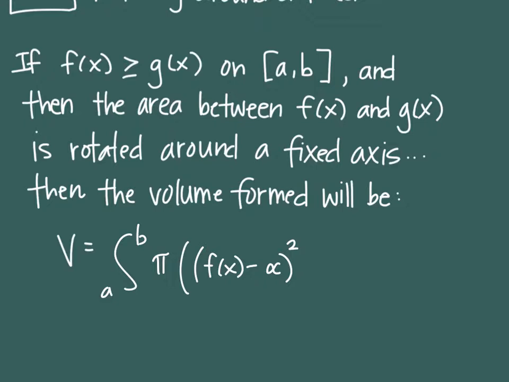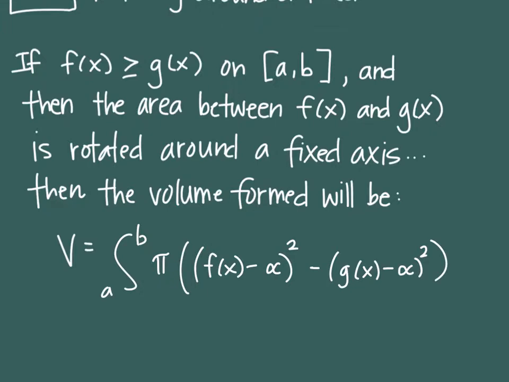Notice I've put double parentheses around that. Minus, now I've got to take away the space that was maybe on the interior. So that will be g of x minus that same axis of rotation, and that is squared. And that is a whole quantity.